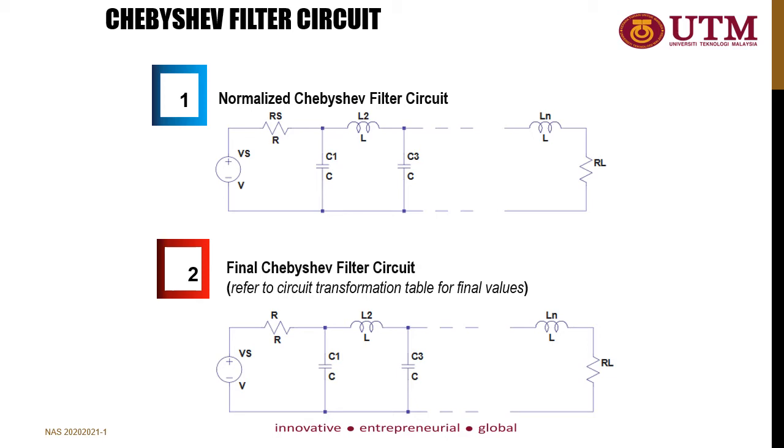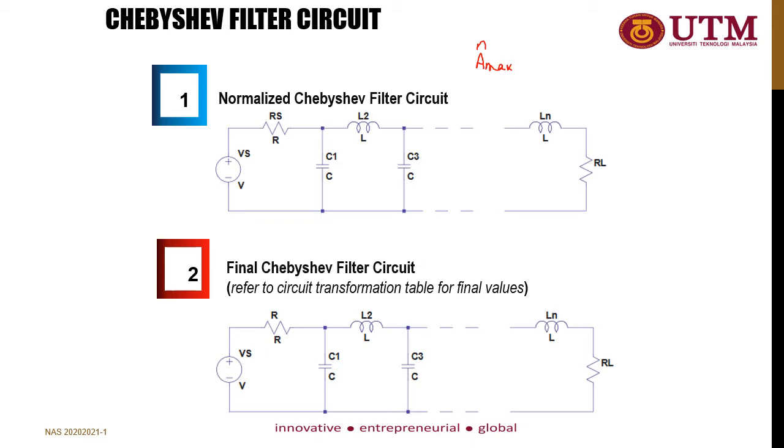You need to start with C, the capacitor, followed by the inductor, and then continue again with capacitor, inductor, and so on. The number of C and L combinations depends on your N, the filter order number, and also the Mx values.